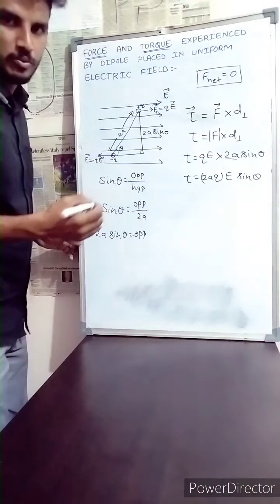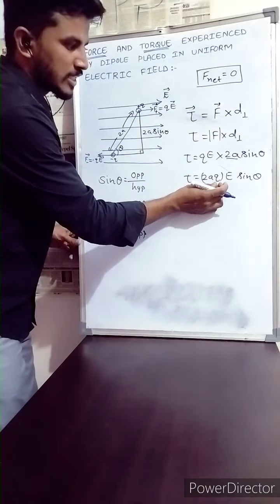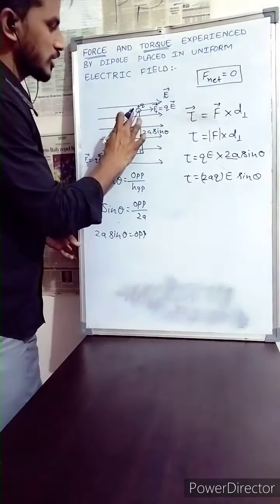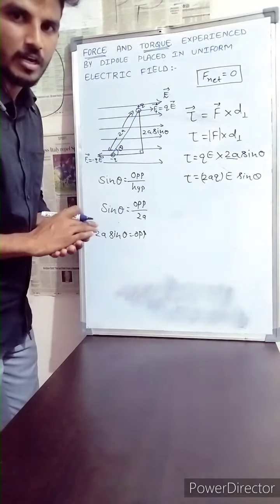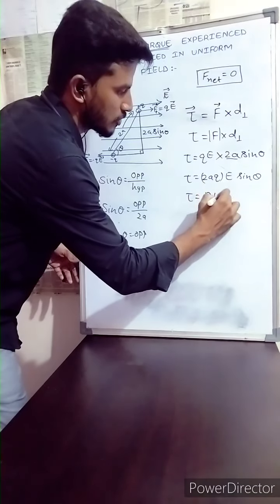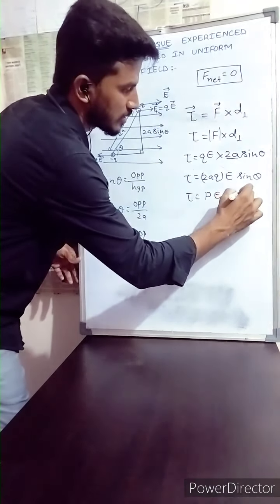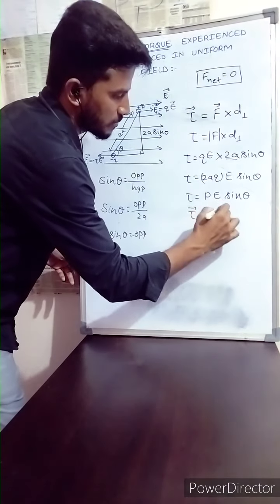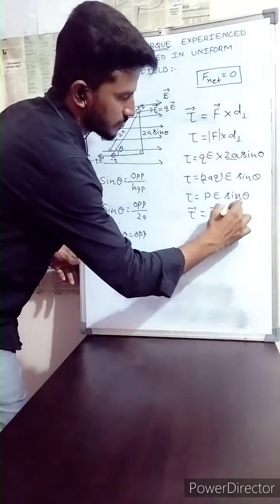This 2aq, the magnitude of any one of the charges into the distance between the two charges, is called the dipole moment. So torque is equal to P into E into sin theta. That is given by P cross E.